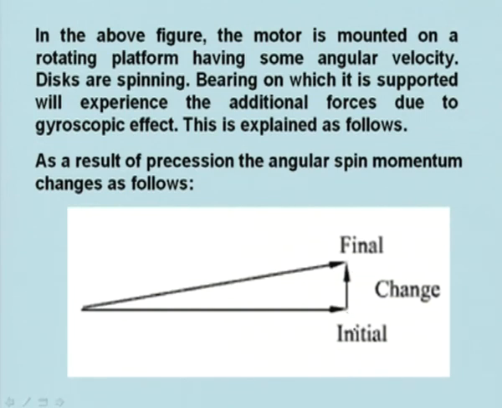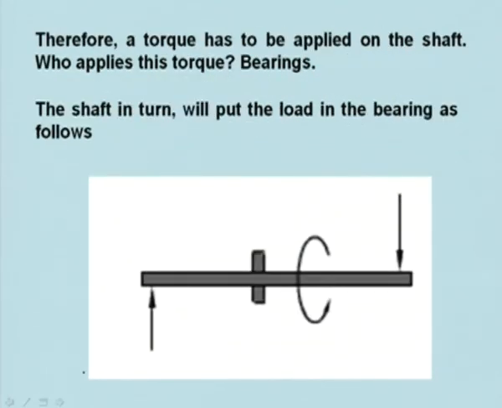Since there is a change, the torque has to be applied. Who applies this torque? Of course, the bearings. The shaft in turn will put the load on the bearings as follows. So the bearings will apply the torque, and the shaft in turn will put the load.